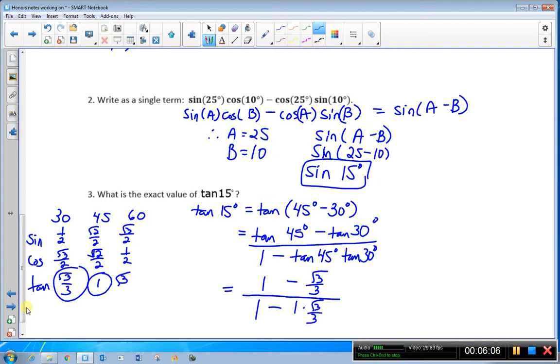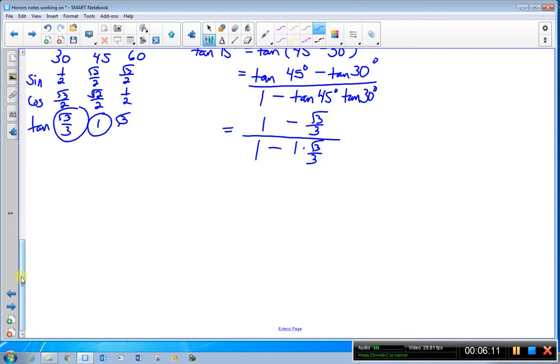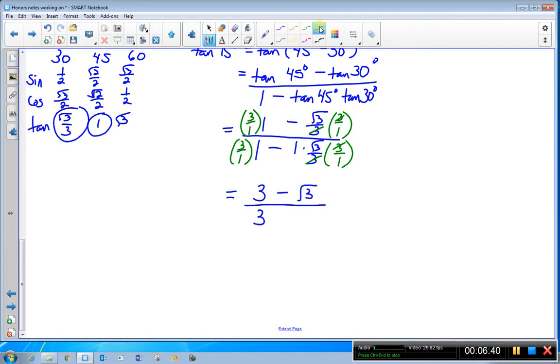So what I'm going to do with that now is multiply everything by 3 over 1. That will be the easiest. The last complex fraction we solved together in class, I did a form of 1 just for the denominator, but in this instance, these are going to cancel and it'll make it much easier if I do it this way. So this final answer is 3 minus radical 3 all over 3.